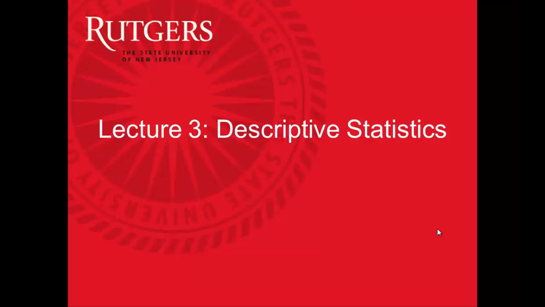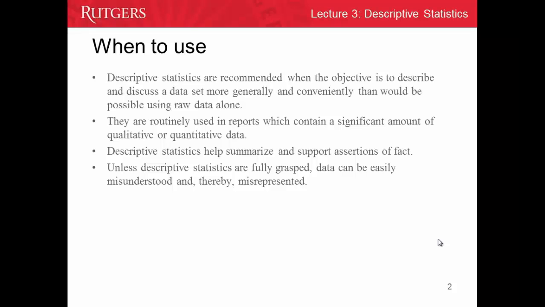One way for auditors to get a general understanding or overview of the data set is descriptive statistics. Descriptive statistics are routinely used in reports which contain a significant amount of qualitative and quantitative data, and they can help summarize and support assertions of facts.